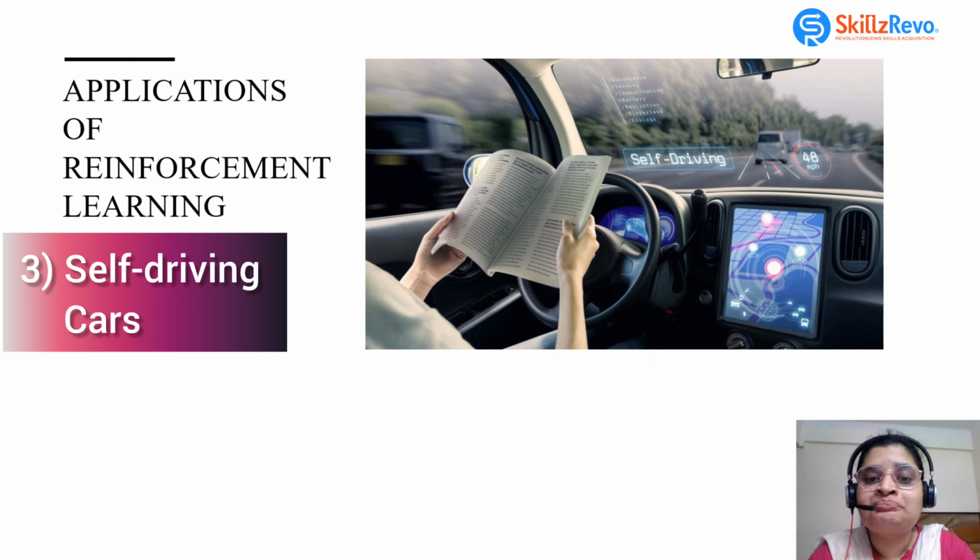Reinforcement learning allows autonomous vehicles to improve their decision making process through trial and error, interactions with the surroundings, ultimately leading to safer and more efficient driving behaviors.